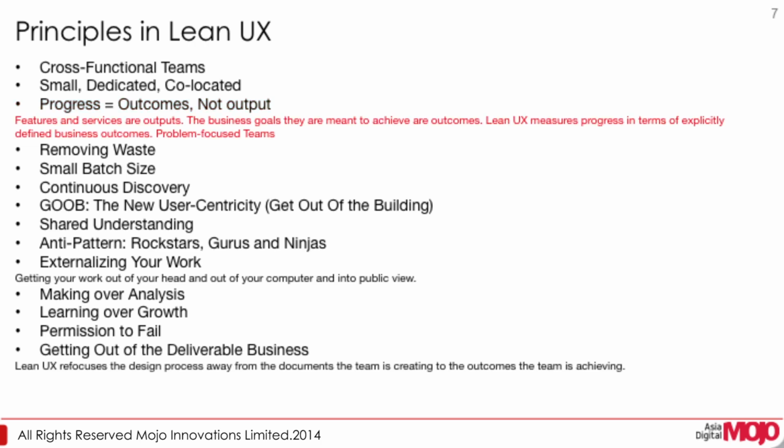Features and services are output, but our goal in the Lean UX approach is to seek outcomes, to really change something. And in Lean UX, we need to remove waste. We need small batch sizes, and we need continuous discovery during the whole design approach.